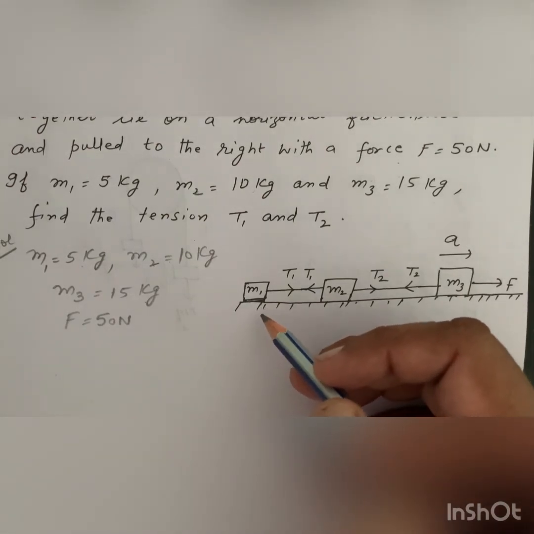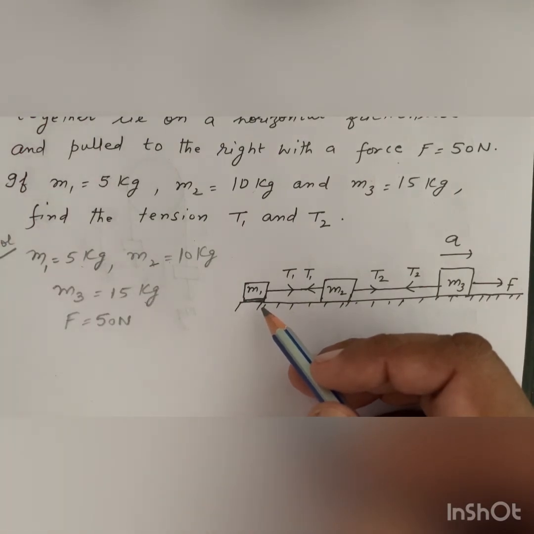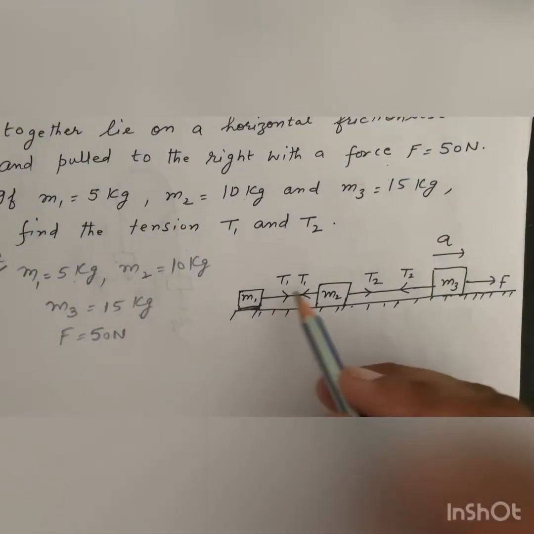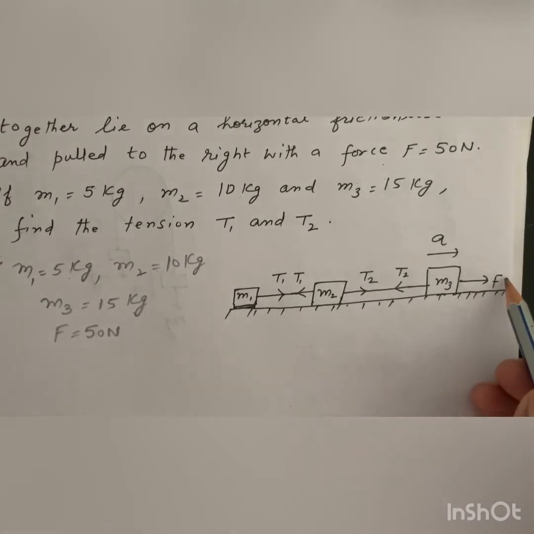The equation of motion for each body is written by equating the net force acting on the body to its mass times the acceleration produced.